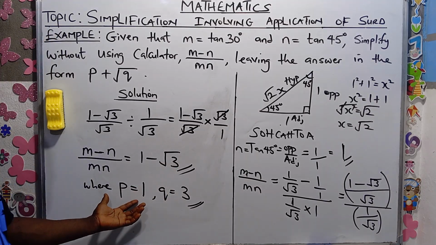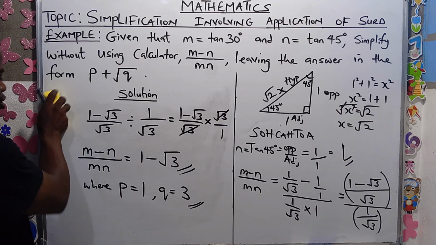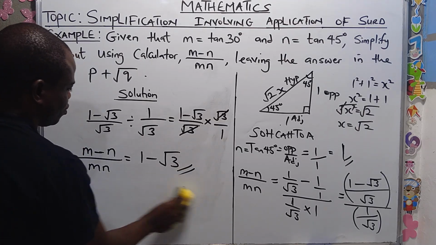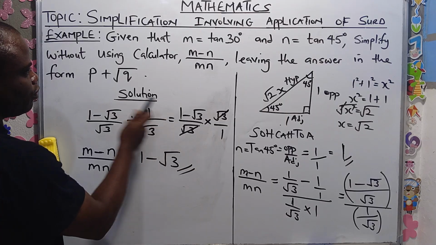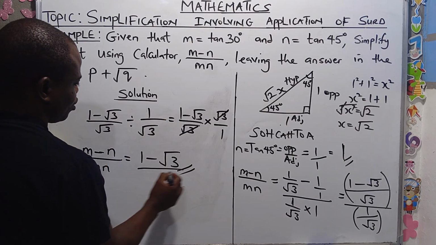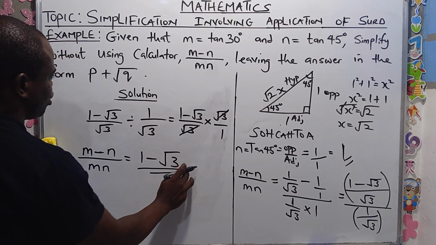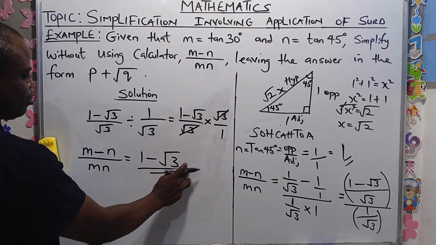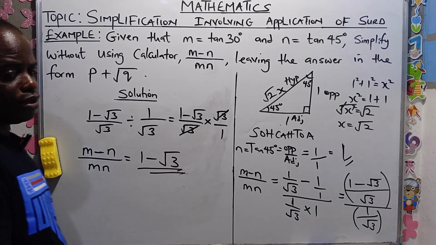We are not told to write it in this form; I just try to show us that p is 1 and q is 3. But still, the answer is in the form p plus root q, which is 1 minus root 3.